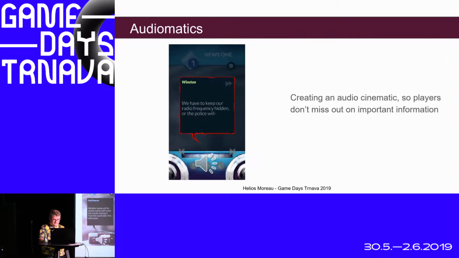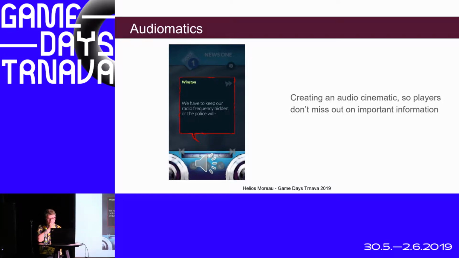To give you one last example, because it's another constraint that we had, at the beginning of the development, I was playtesting the game with people, and I saw that a lot of players tend to miss out on important information because they were sending a clip to a station and they didn't wait to have the reaction to the clip that they had just sent. And they were switching to another station, and so they missed out on very important information.